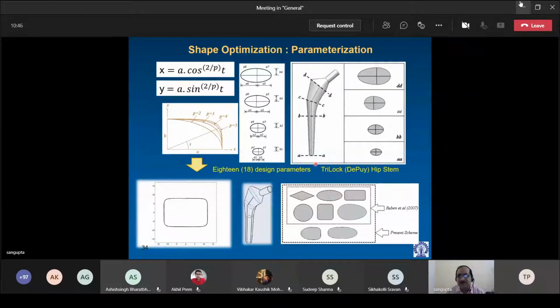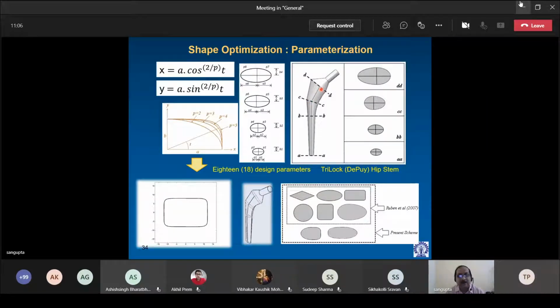So let us first concentrate on existing generic design of Trilok hip stem. Okay. Now we identify basically 4 key sections, say A A, B B, C C, and D D.